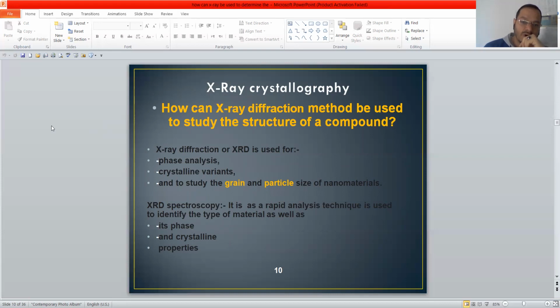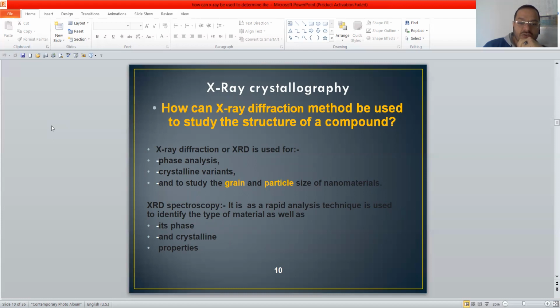X-ray diffraction, or XRD, is used for phase analysis, crystalline variants, and to study the grain and particle size of nanomaterials. We use it for three things: phase analysis, crystalline variants, and grain and particle size of the nanomaterials.